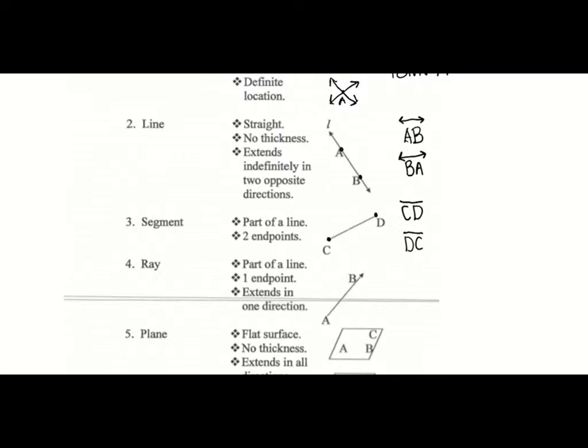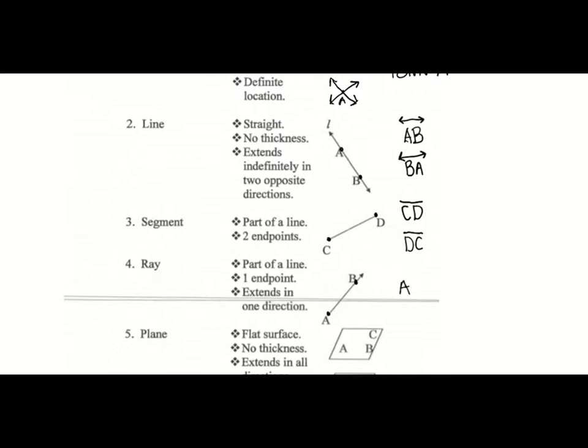Now, if I was talking about part of a line with 1 arrow on the side, that would mean I was talking about a ray. I have one endpoint. A is where that line ends, and then it keeps going past point B. When I write the symbol for a ray, there's only one way I could write this ray, and that would be to put A first.